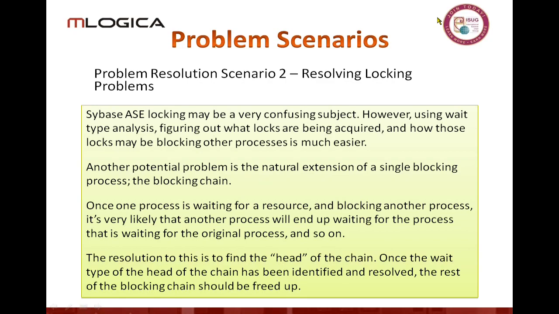Oh, gee, that process is supposed to be done at 6. You mean it was running at 9? Oh, not supposed to. I'll have to fix that, and we'll fix that for tonight. Sometimes it's a process that wasn't supposed to be running at that time, wasn't supposed to be kicked off. Sometimes it's something that somebody told you was not going to be kicked off. But identifying what's being locked and what's being blocked is very critical.